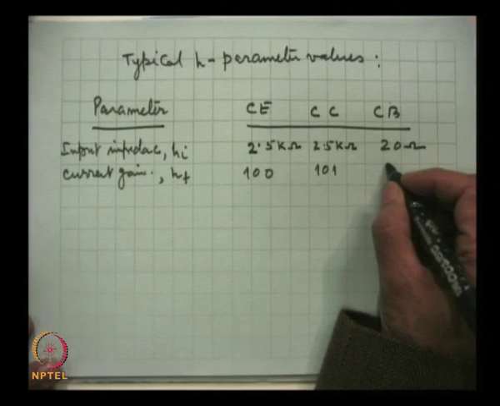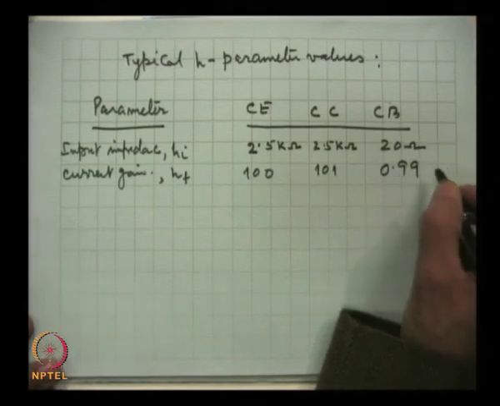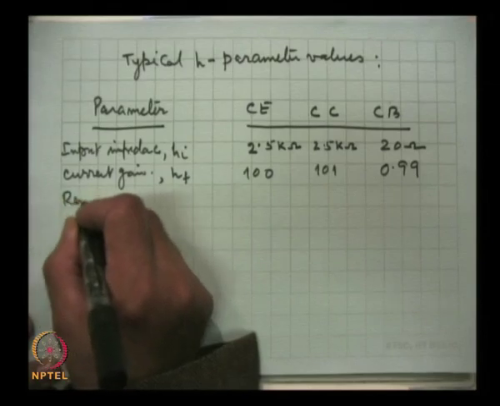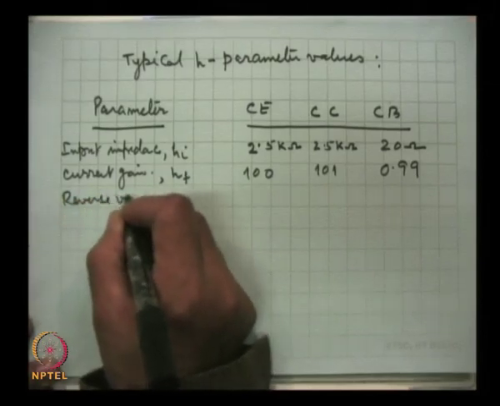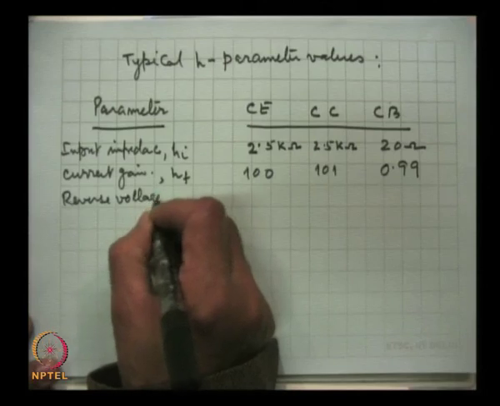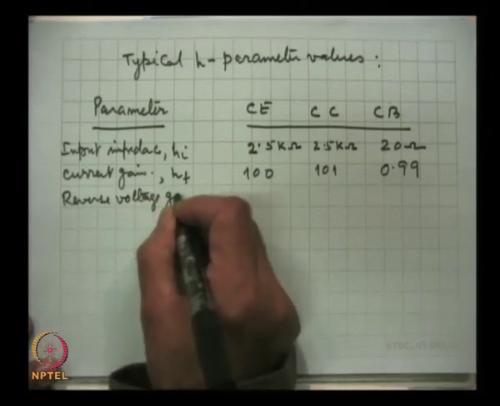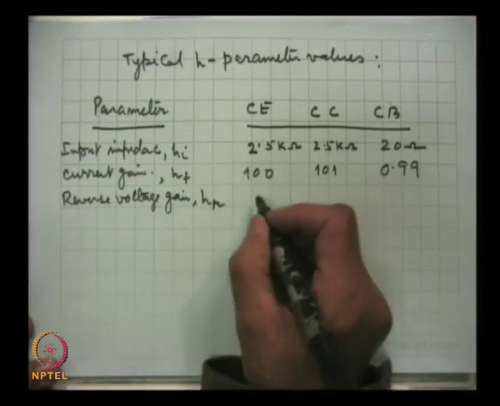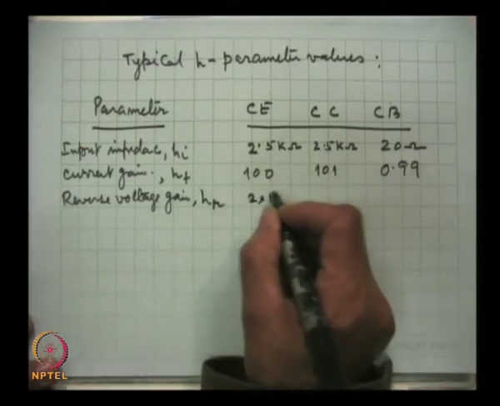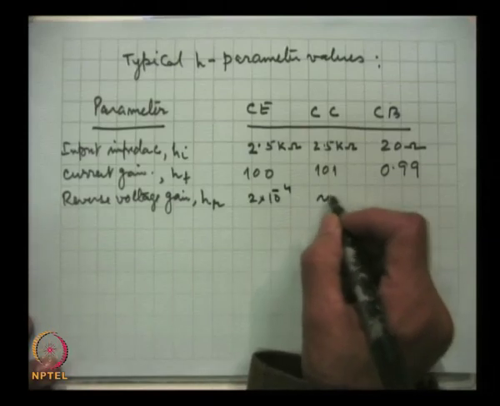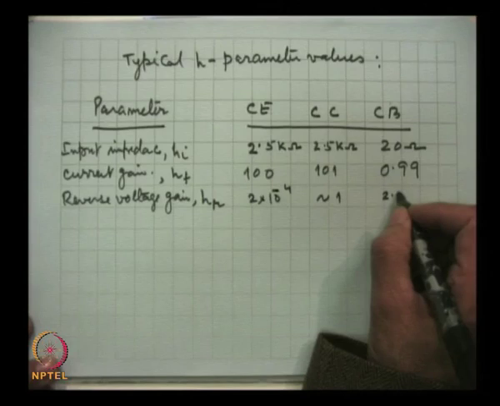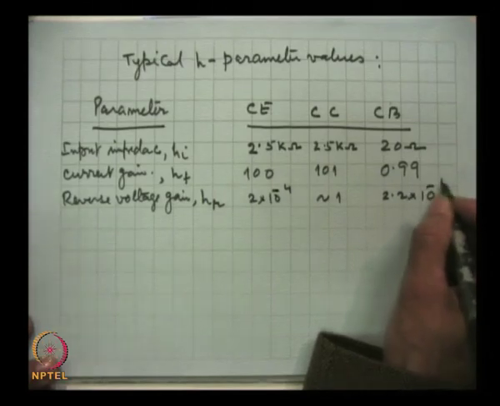So, this is 0.99. And the reverse voltage gain Hr is a very small quantity, 10 to the power minus 4, here it is around 1, and here also 2.2 into 10 to the power minus 4.